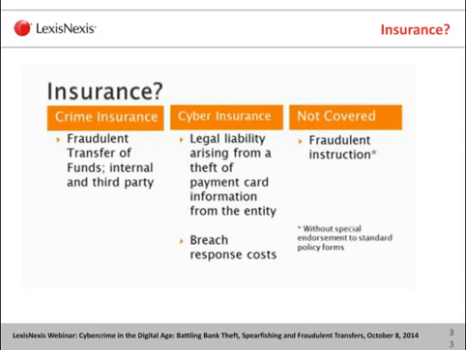Sure. So the crime insurance policy is really meant to predominantly pick up employee dishonesty. That's how the coverage was created when it was first drafted in the 80s. And it's really bonding your employees to the organization. So when they are dishonest, that's what this policy is meant to pick up.